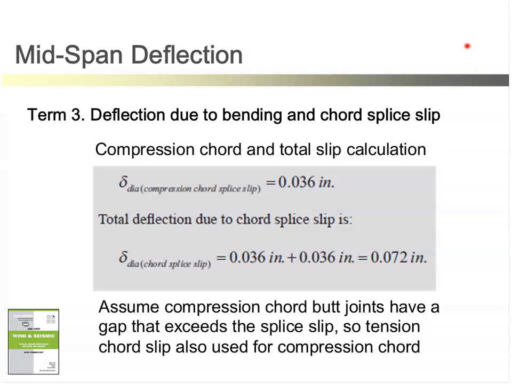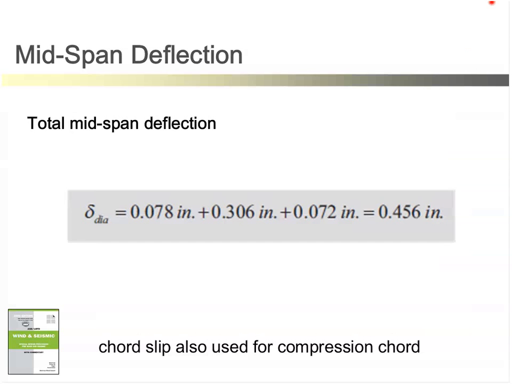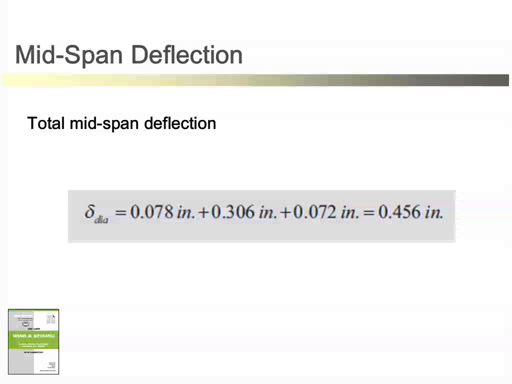And then we jump back to our original equation. Again, the first part of the equation that we were looking at, due to the bending cord deformation, is going to be around 0.08 inches.